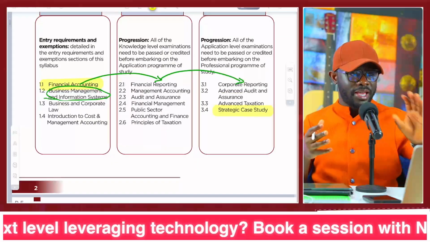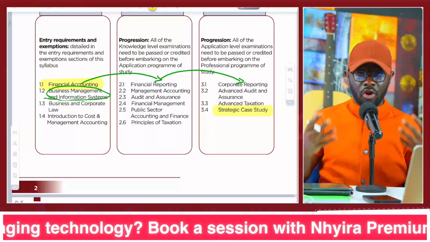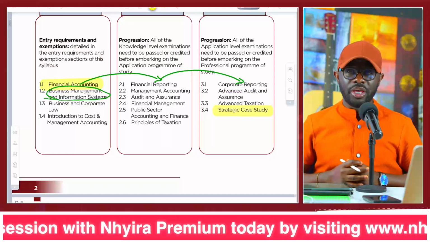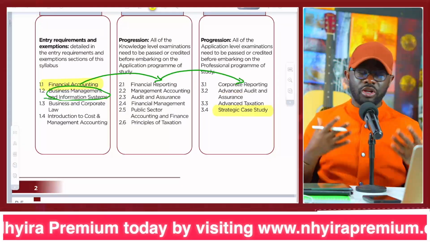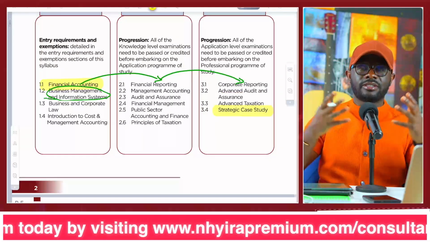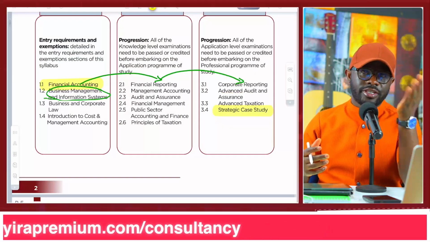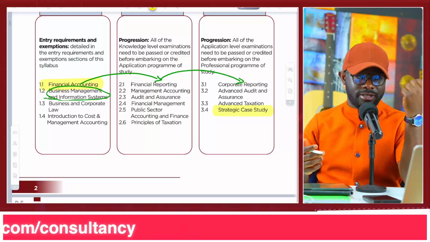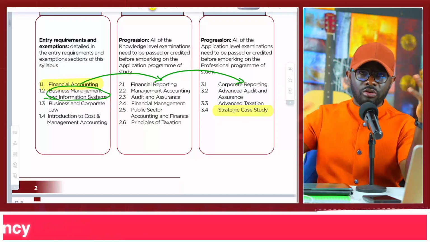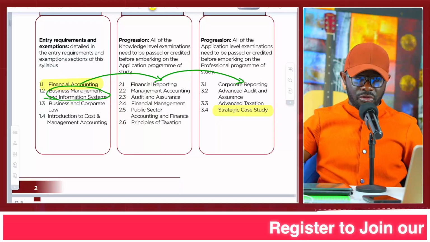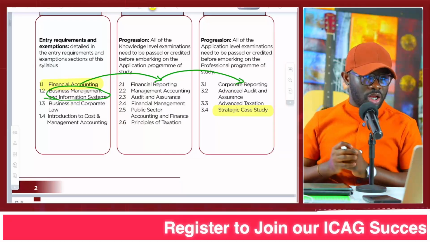The third paper in level 1 is business law and corporate law, or business and corporate law. This is where you are introduced to various legal issues in the business environment. And the knowledge there is also important because some of the things discussed under business and corporate law could also spread a little bit across strategic case study when you get to level 3. We're going to be getting into that as well in a moment.